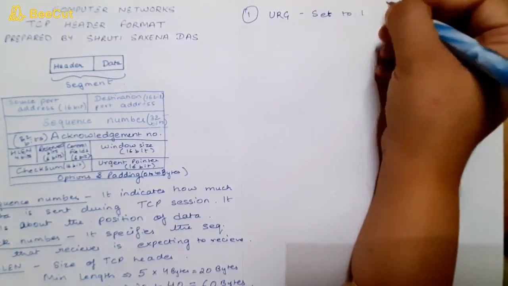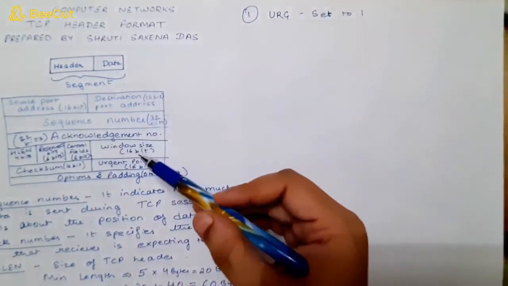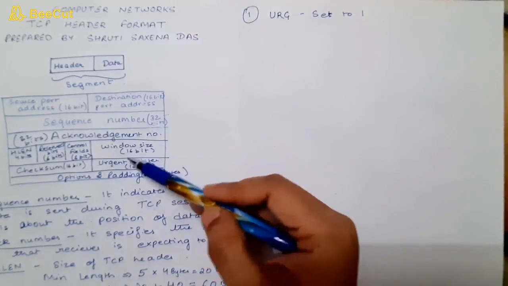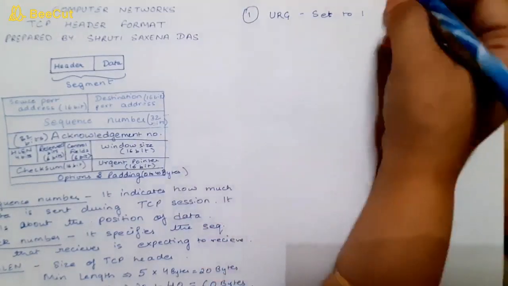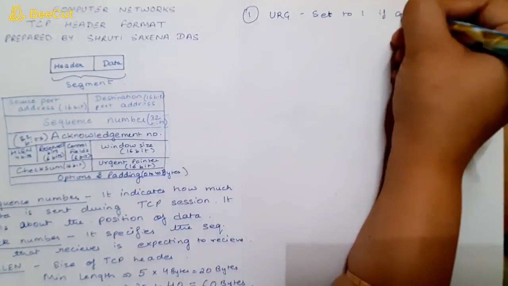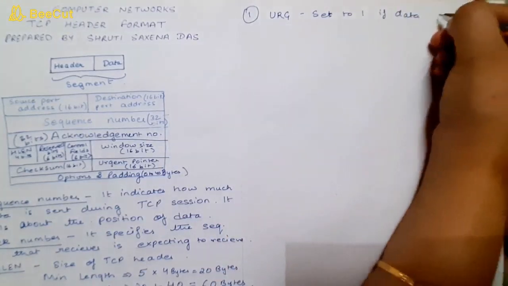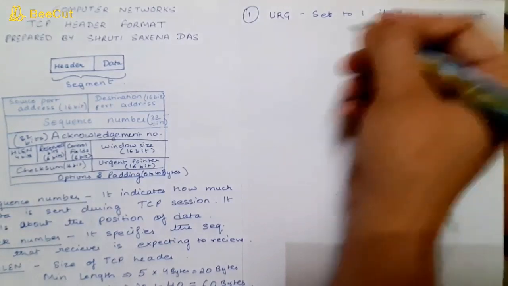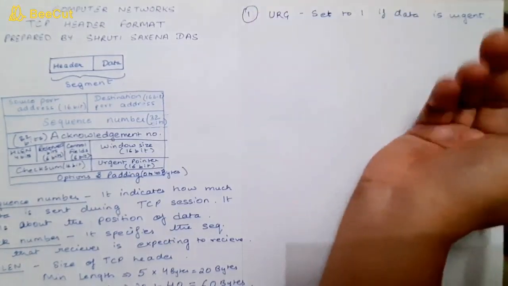You can see in the header we also have an urgent pointer. If you set this field to 1, then only you have to give the value of the urgent pointer. So you can give priority to that data.